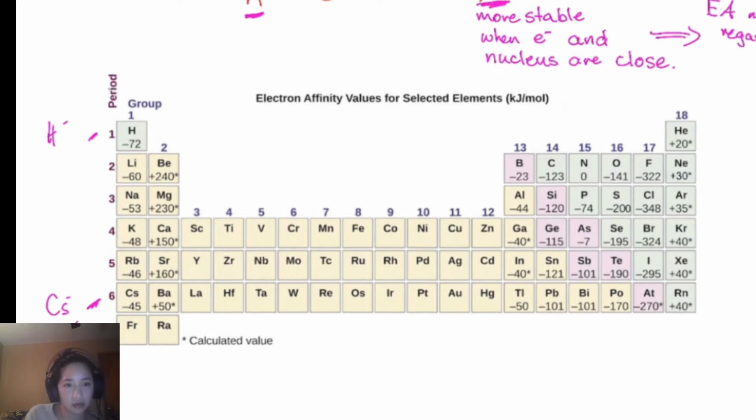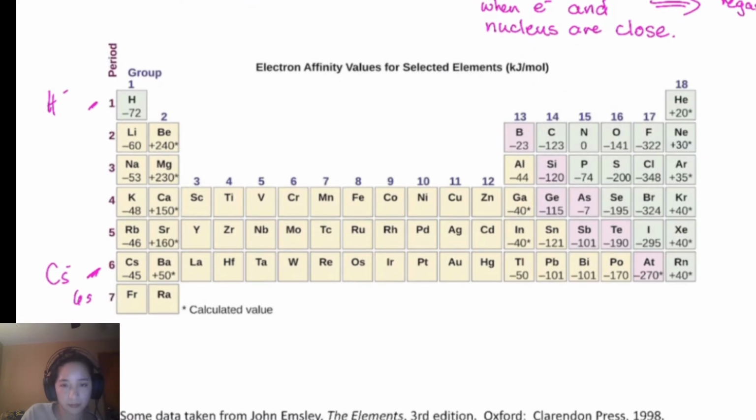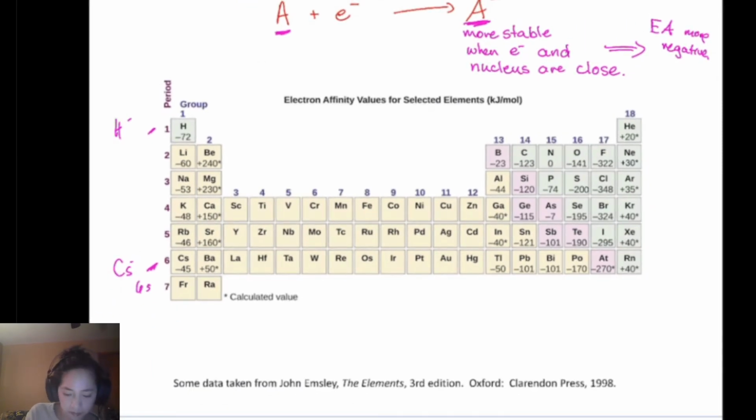Whoops, you can't see that, can you? No, you can't. A 6s shell. Versus, like I said, hydrogen, you're adding it to a 1s shell. So you can see the electron that we're adding to hydrogen in the 1s shell is closer. So electron affinity is much more negative for hydrogen.